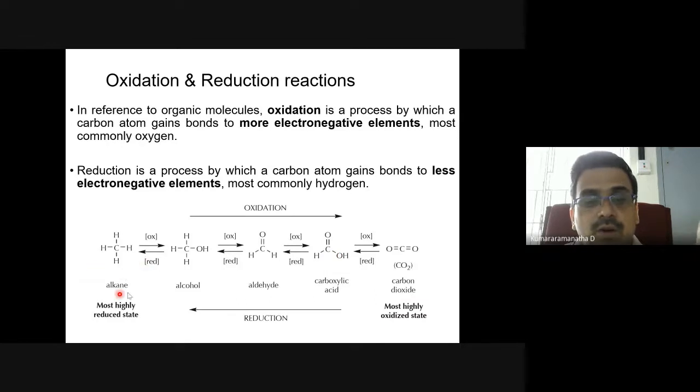If you oxidize alkane, you get alcohol, and if you further oxidize, aldehyde, and further oxidize, carboxylic acid, then the final is CO2. Do the reverse process, add hydrogen.